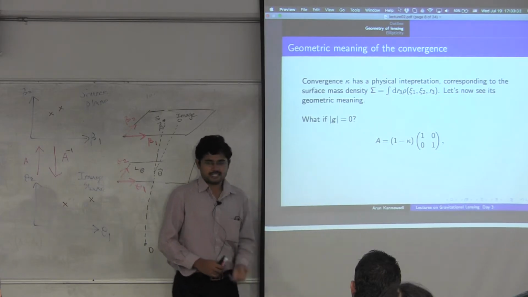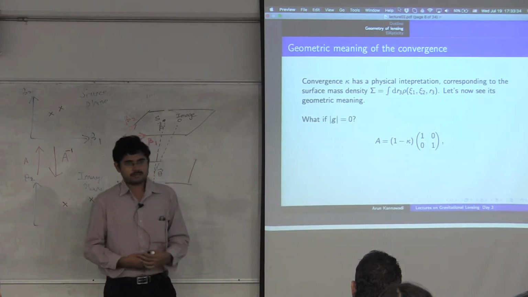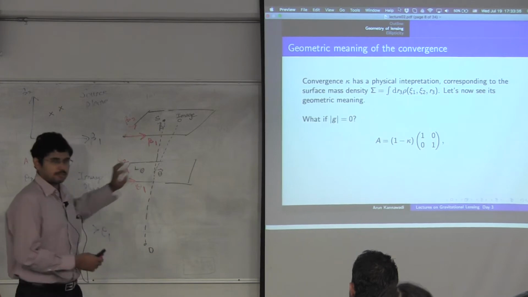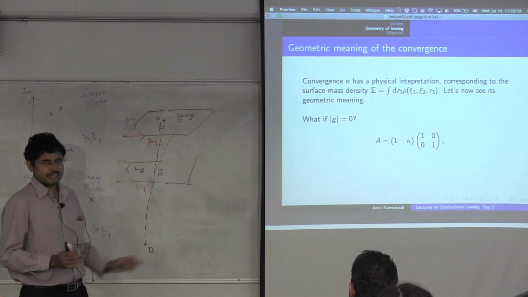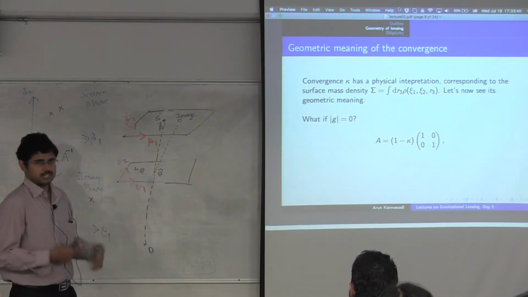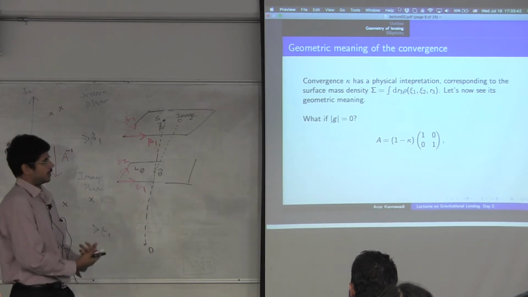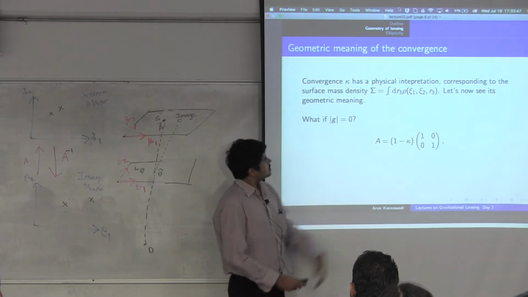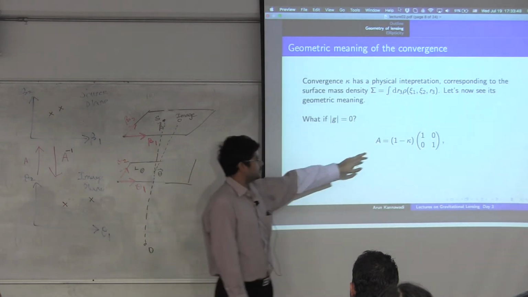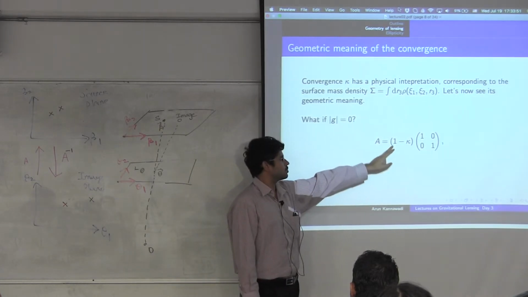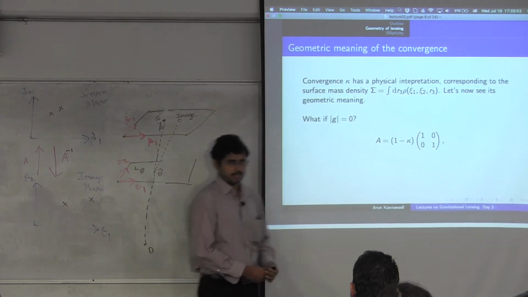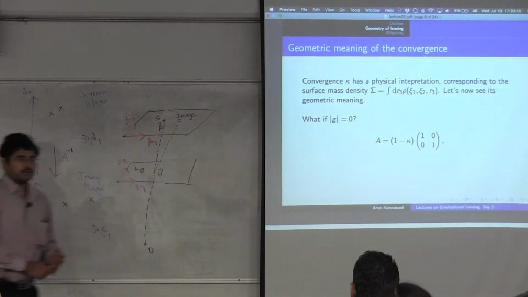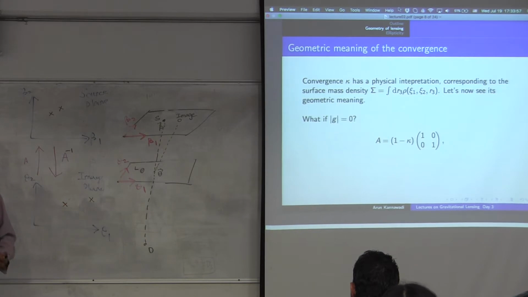But let's consider a generic coordinate transformation that is not given by a lensing potential, but a little more general than lensing, just to understand what the different quantities mean. When I set G1 and G2 to 0, the matrix A becomes just 1 minus kappa times the identity matrix. So how do you visualize this? What is the geometrical meaning of this factor 1 minus kappa?